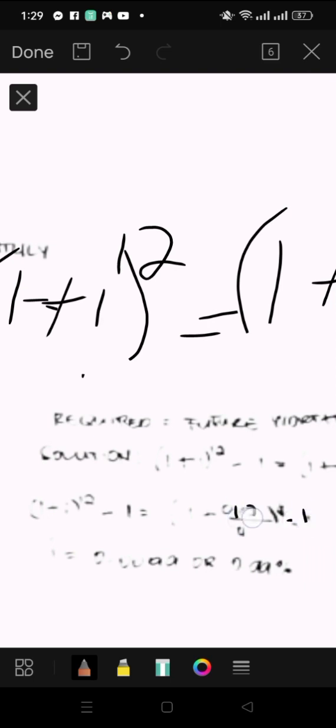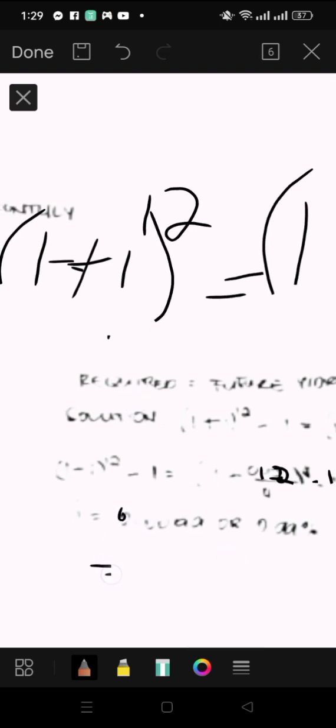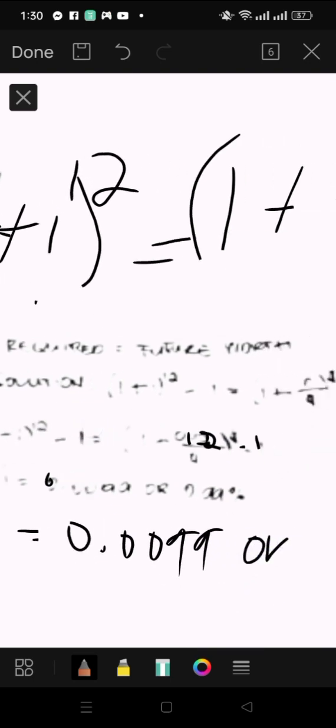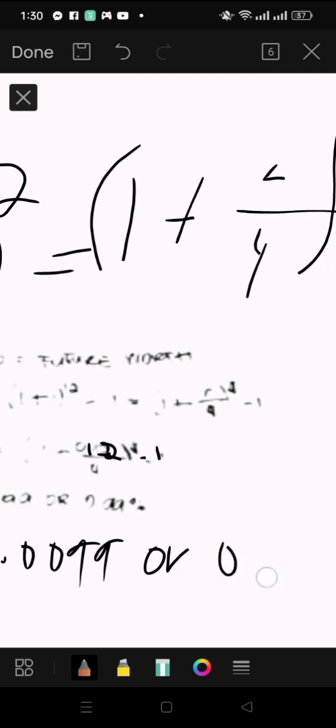Then the answer of I is 0.0099 or 0.99%. So our N in 4 years is 4 years times 12, equal 48.